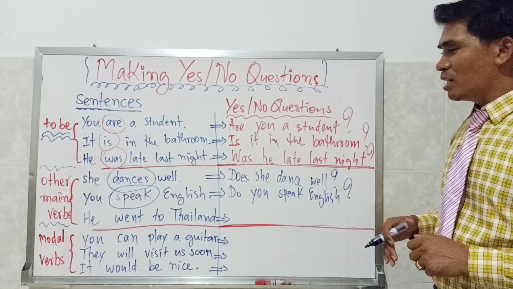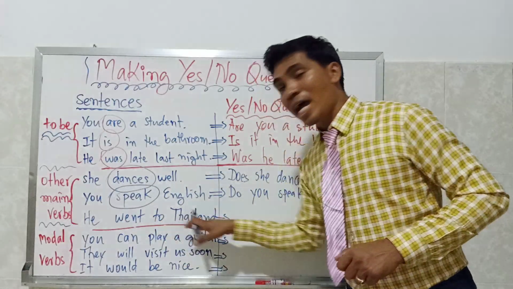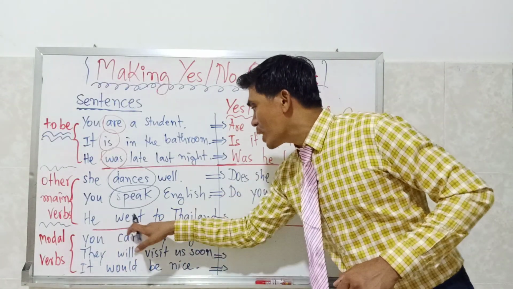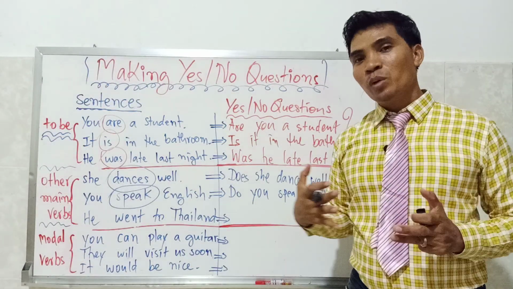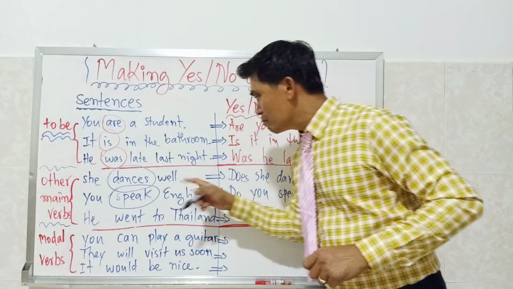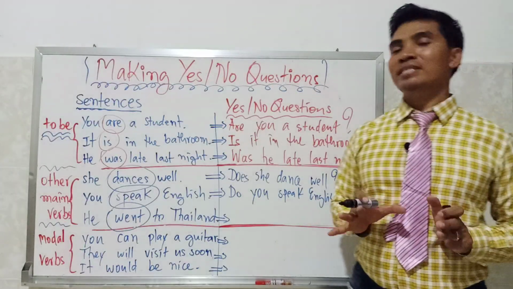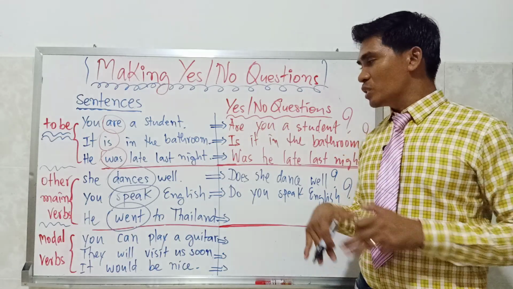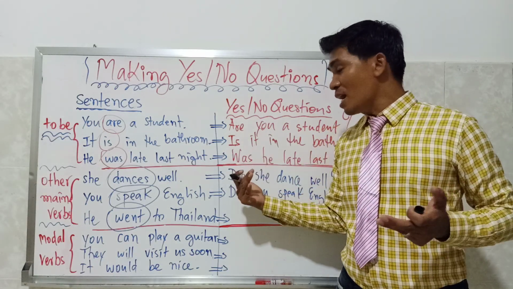Another one. He went to Thailand. The main verb in the sentence is went. Went is the past tense of go. So to make a yes-no question, we use helping verb does?